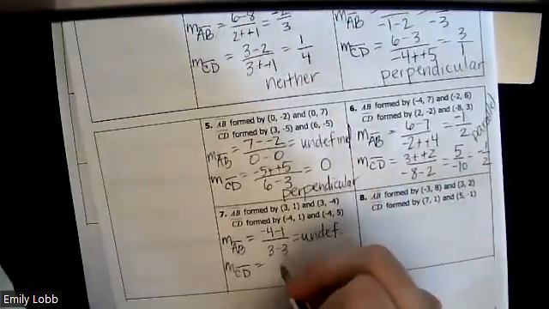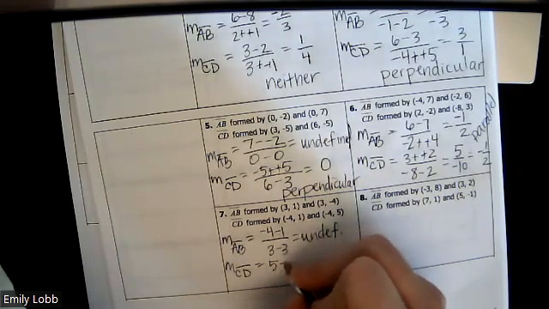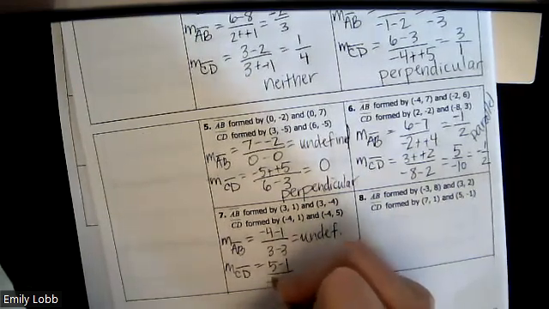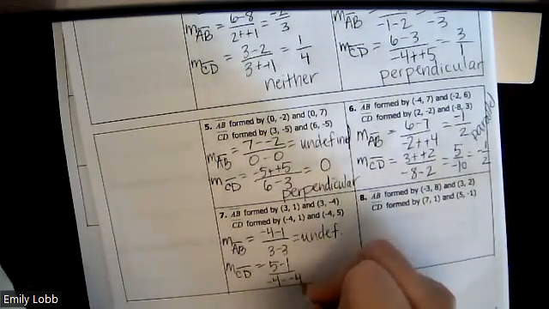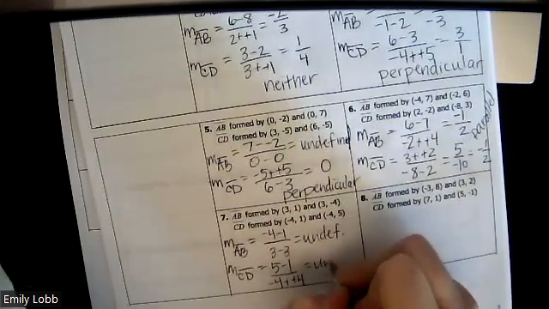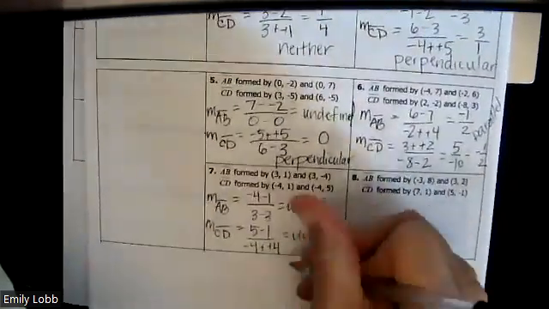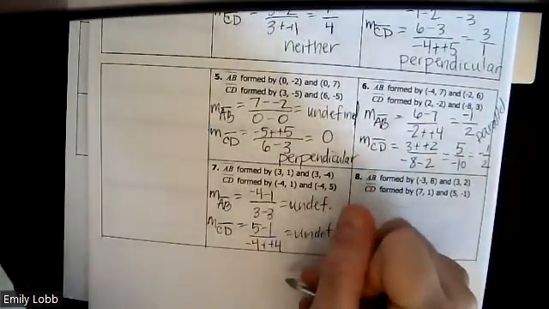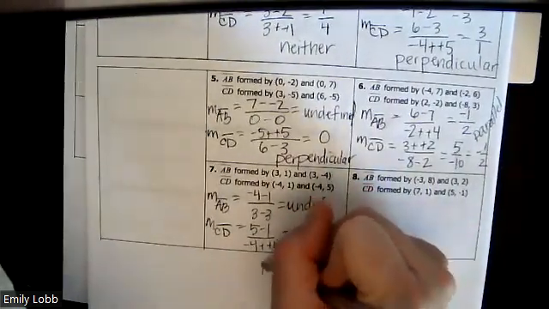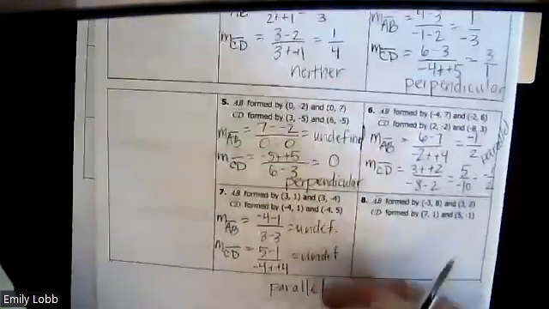This is also going to be undefined because our change in x is 0. So 5 minus 1 on top, but negative 4 minus a negative 4, or negative 4 plus 4, is also undefined. So if our slopes are the same, they're both undefined. These are vertical lines that would be parallel to each other. They'll never run into each other.